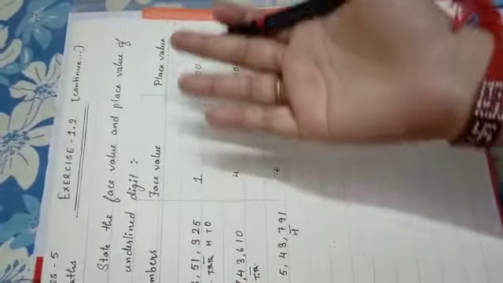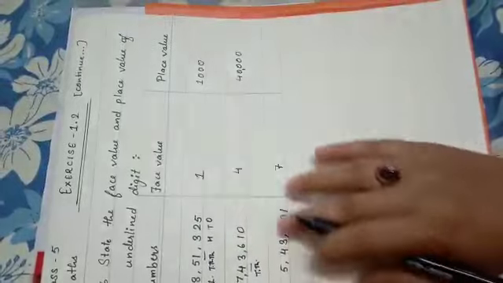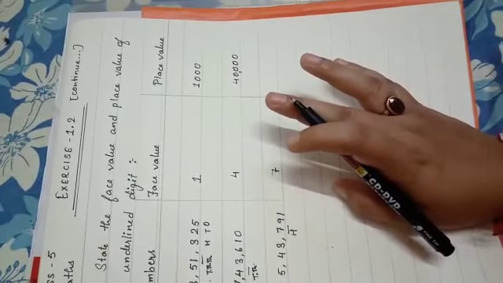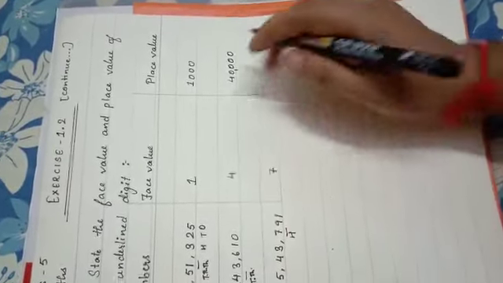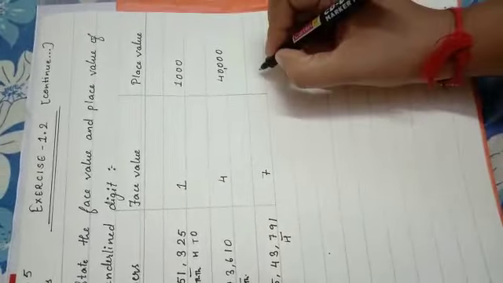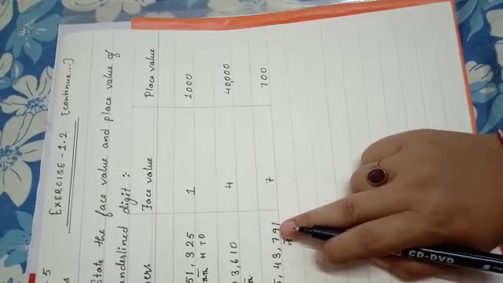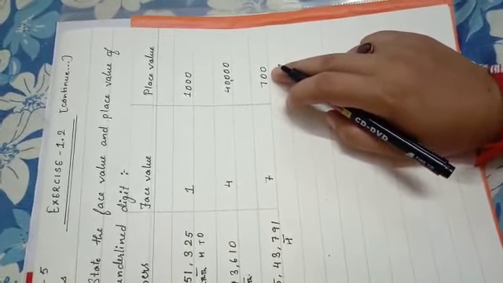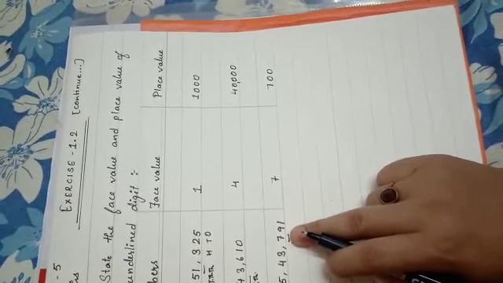Face means whatever is seen on the first look, that will be the face value of the given number. Now 7 is at hundreds place, so the place value will be 700. As you can see here, after 7 two more digits are there. For 2 digits I will write 2 zeros, that will make 700, and that will be the place value of this number.